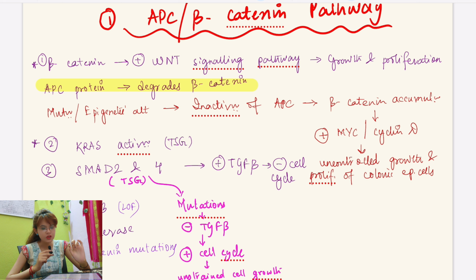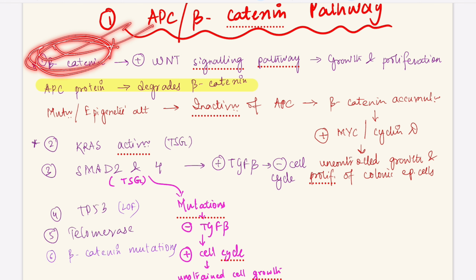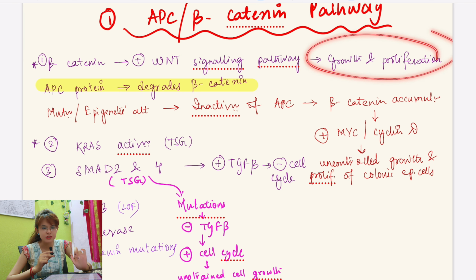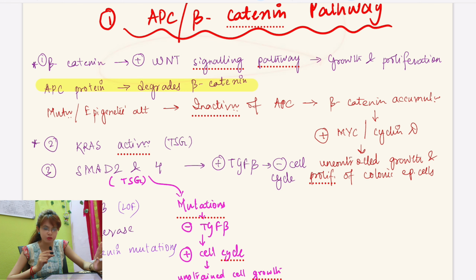Okay. So I will just repeat this once more: beta catenin is the main culprit. Its function is to promote growth and proliferation of colonic epithelial cells by the WNT signaling pathway. And we know that the APC protein's normal function is to degrade the beta catenin. This is what happens normally.